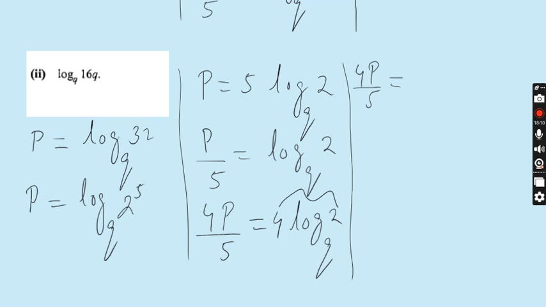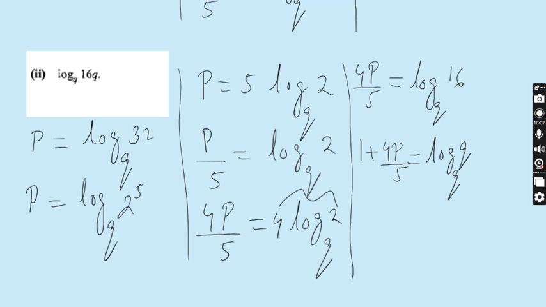This 4 must become the power of 2, log q, and 2 power 4, you know, is 16. Now add 1 on both sides. 1 plus 4p upon 5 is equal to, write log q.